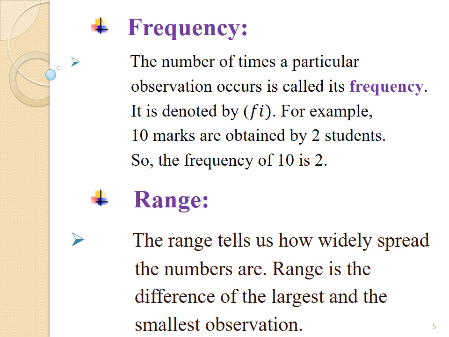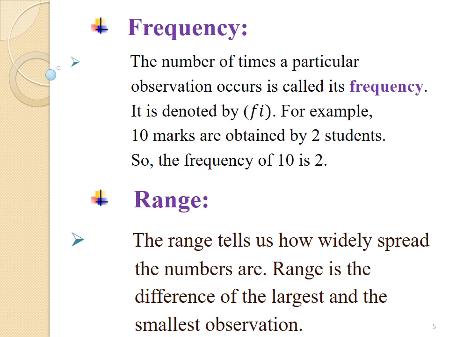Frequency. The number of times a particular observation occurs is called frequency. It is denoted by fi. For example, 10 marks are obtained by 2 students, so the frequency of 10 is 2. Range.